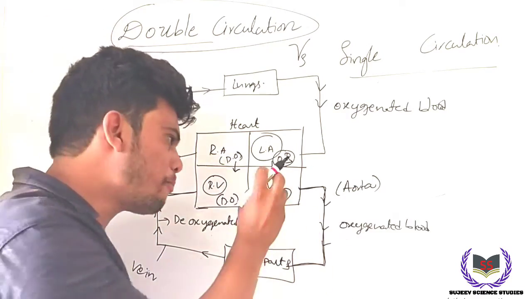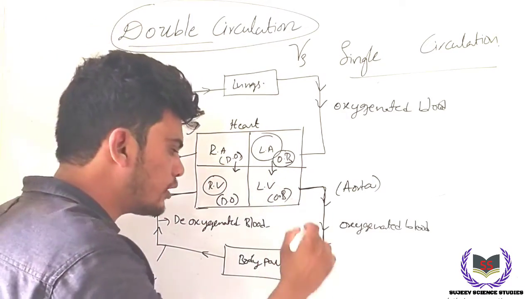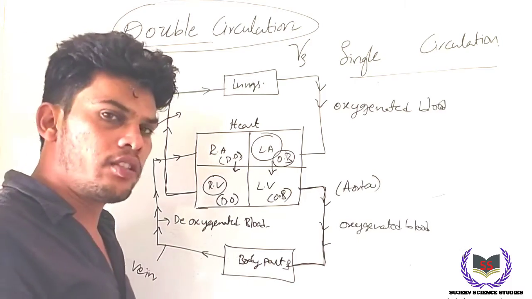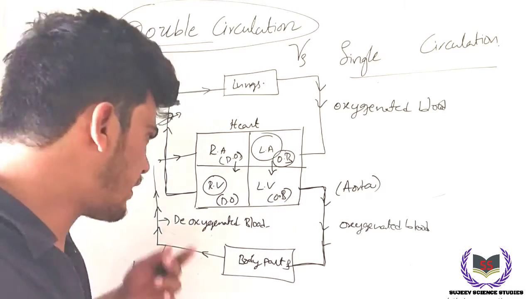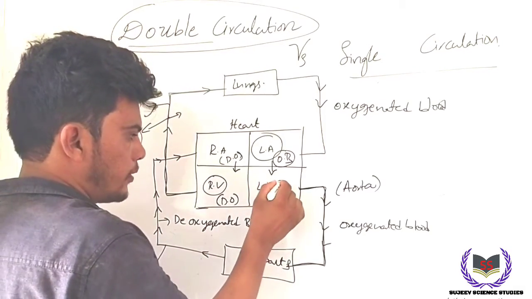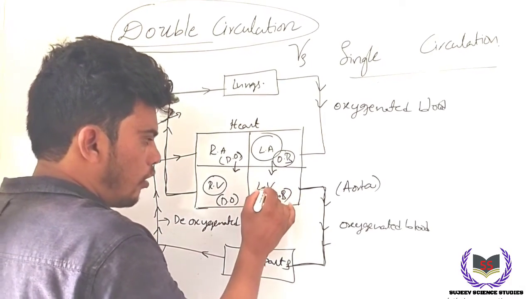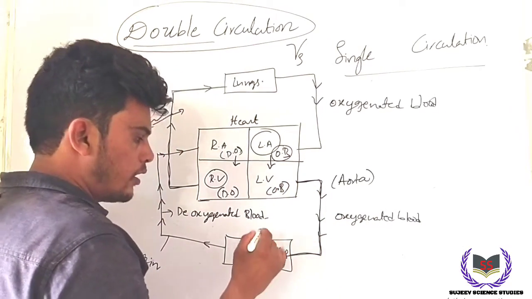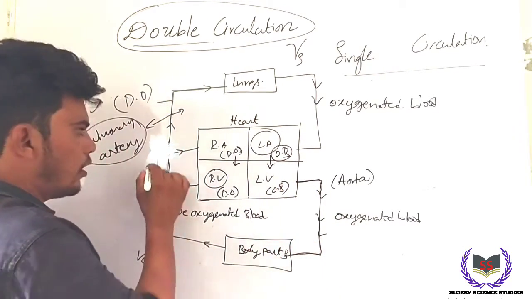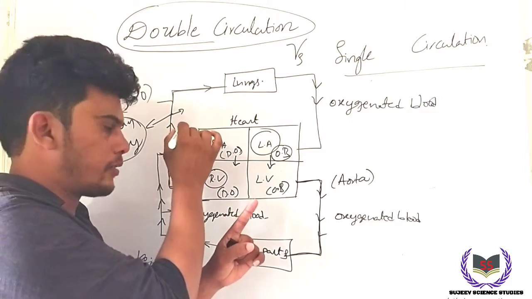If you take any position here and pass through that position, we will count how many times the blood flows through the heart. For example, if you start our journey from this place, oxygenated blood flows from the left ventricle to the body parts, then from the body parts to the heart. One time it reaches the heart.